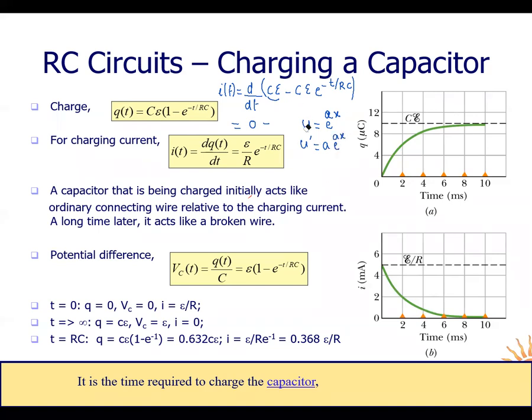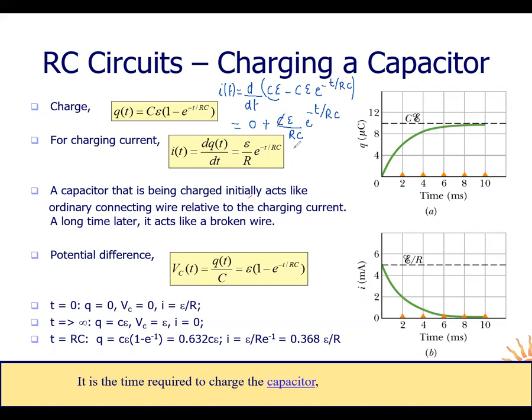Okay, so here we have minus CE, we get minus CE times minus 1 divided by RC times exponential minus t divided by RC, which equals plus.